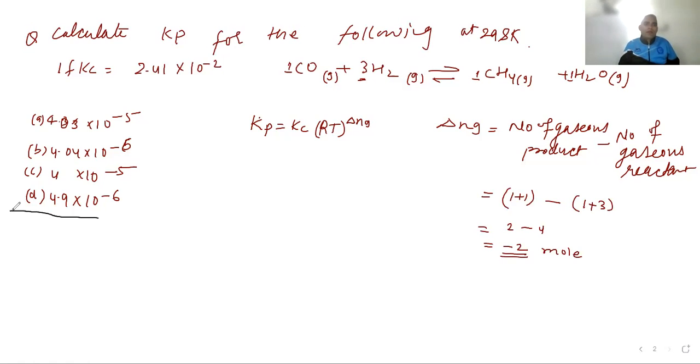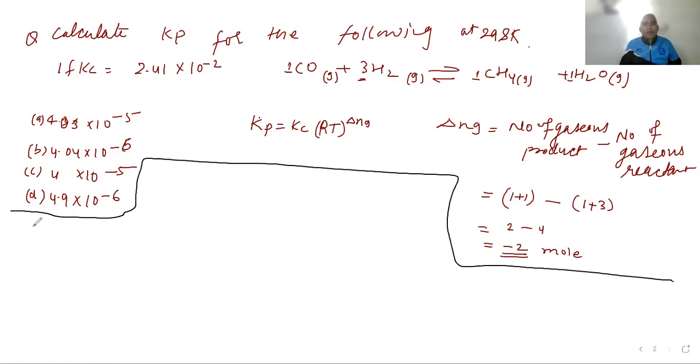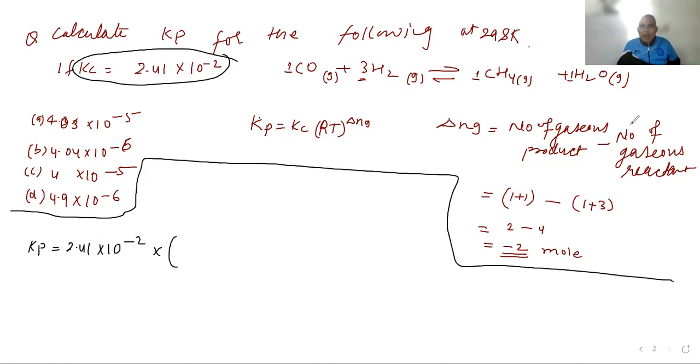So Janab, if you are doing this, then what the answer is going to come, right? So Kp is equal to the Kc value they have given already, 2.41 multiplied by 10 power minus 2, into R value, which we know is 0.0821, T value, temperature they have given 298.